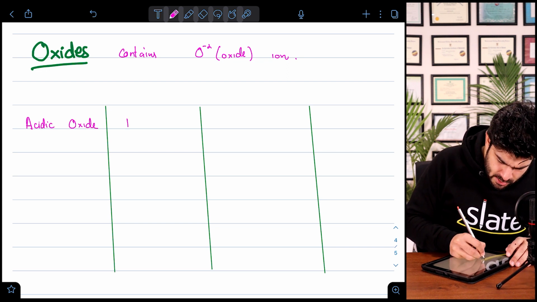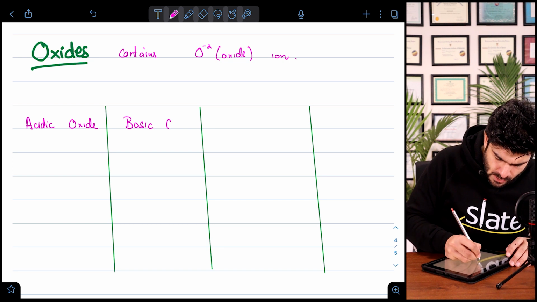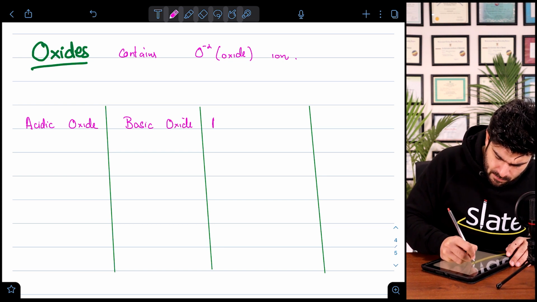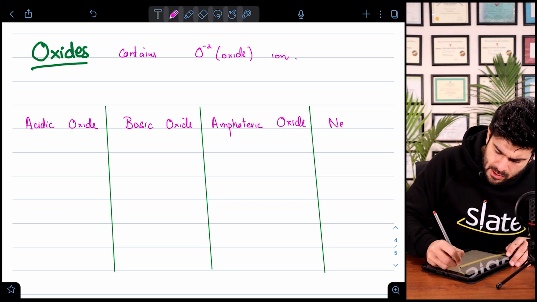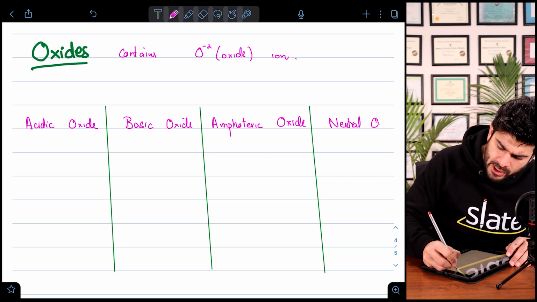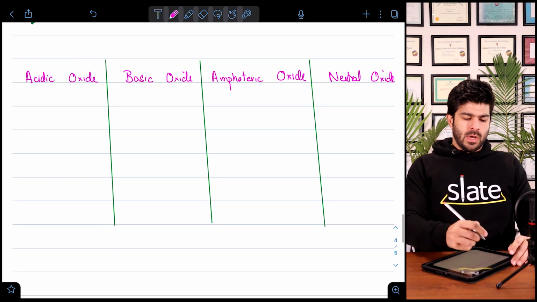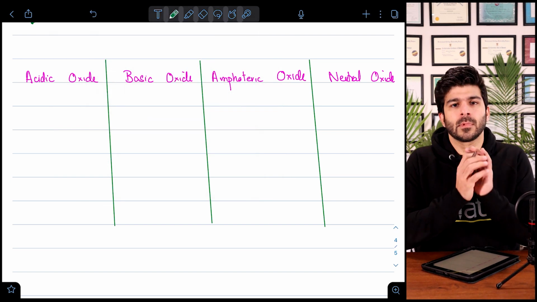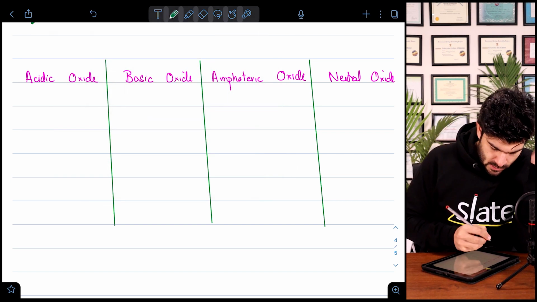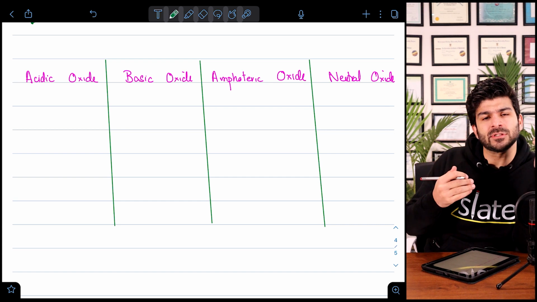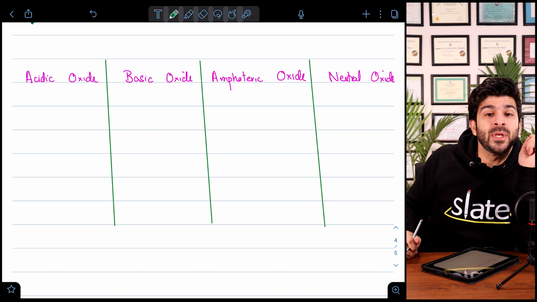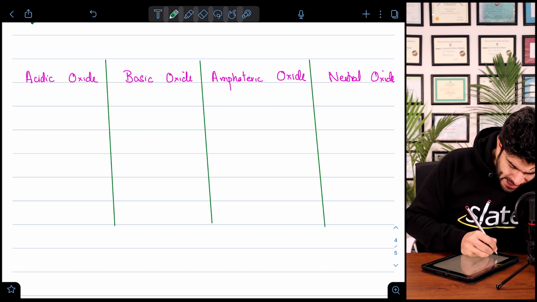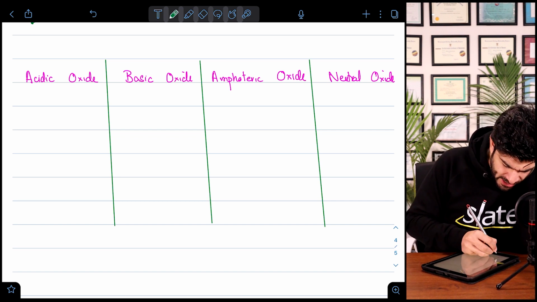Acidic oxide, basic oxide, amphoteric oxide, and neutral oxide. Now, about these oxides, what are acidic oxides? Simply, there are various points of these oxides. They can be differentiated. You can get a question of differentiation, or you will get a periodic table. So, acidic oxides. What are acidic oxides?